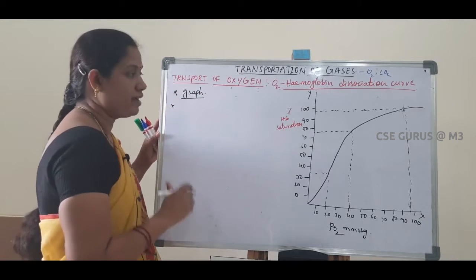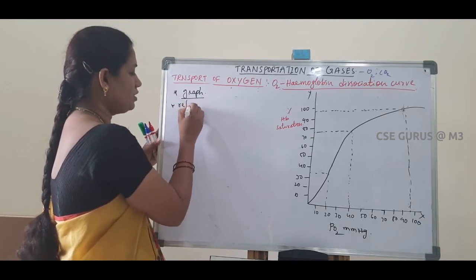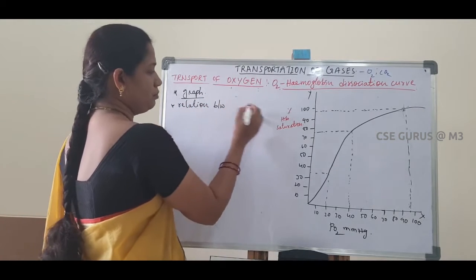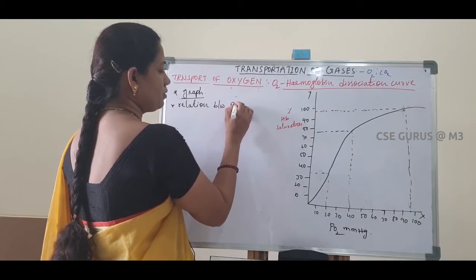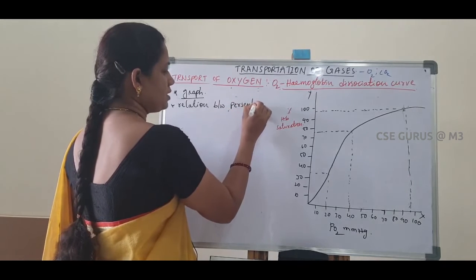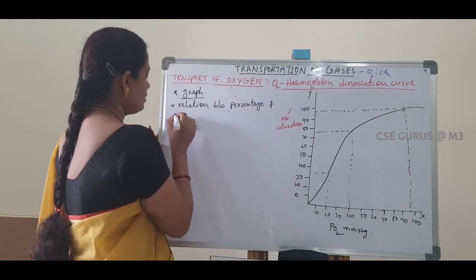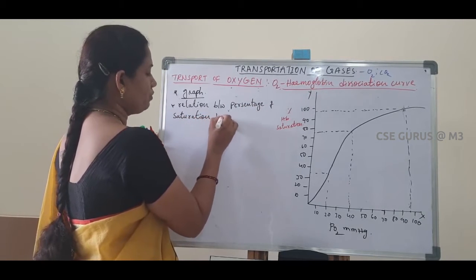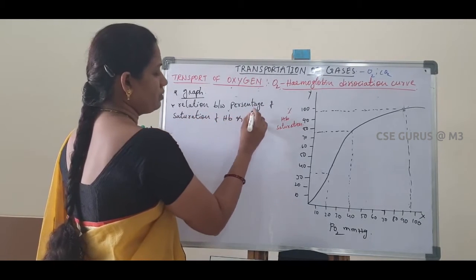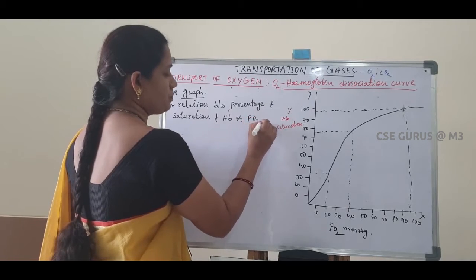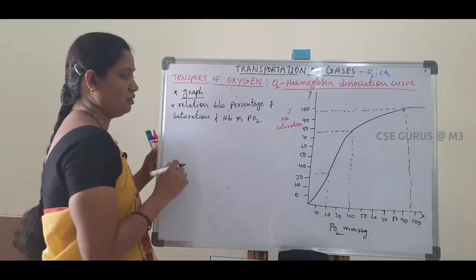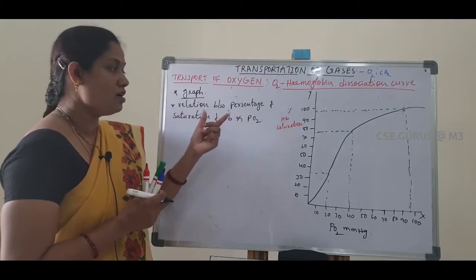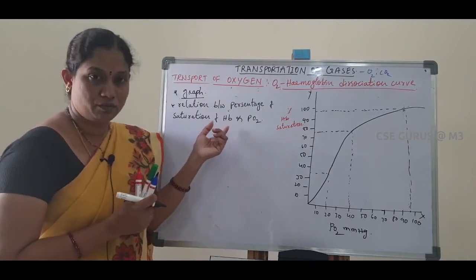This graph explains the relation between the percentage of saturation of hemoglobin and the partial pressure of oxygen.